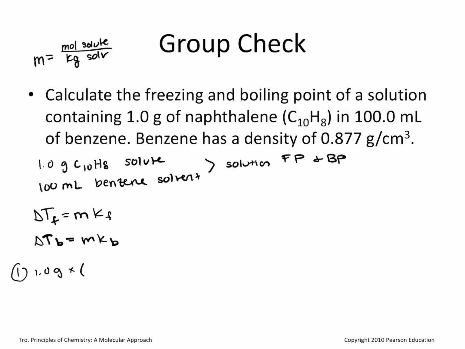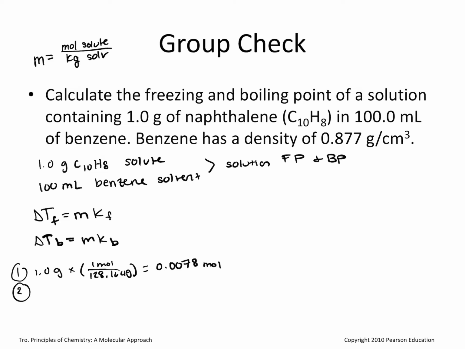To get my moles of solute, do I have enough information? Yes, I have my mass, so I can find my moles by dividing by the molar mass. What was the molar mass of naphthalene? 10 times 12.01 plus 8 times 1.008 is 128.164 grams per mole.